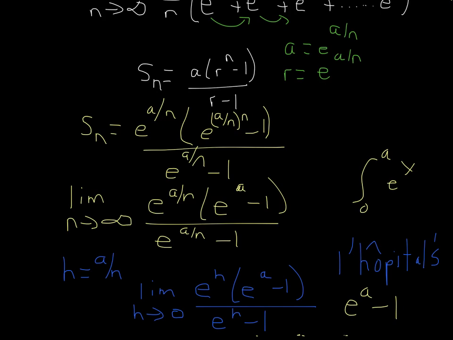We know that, using the derivative rules, the antiderivative of e to the x is just e to the x.